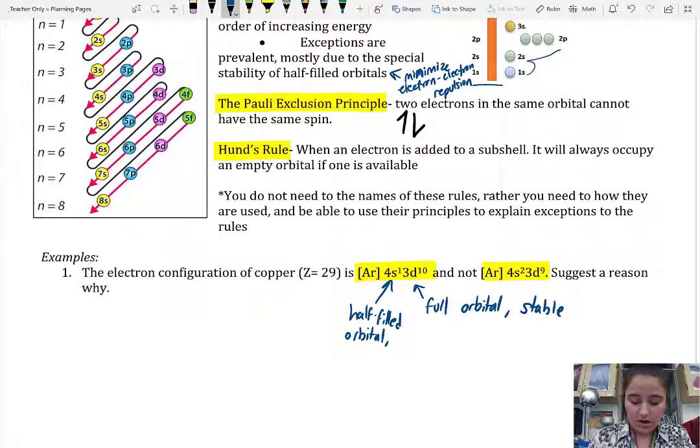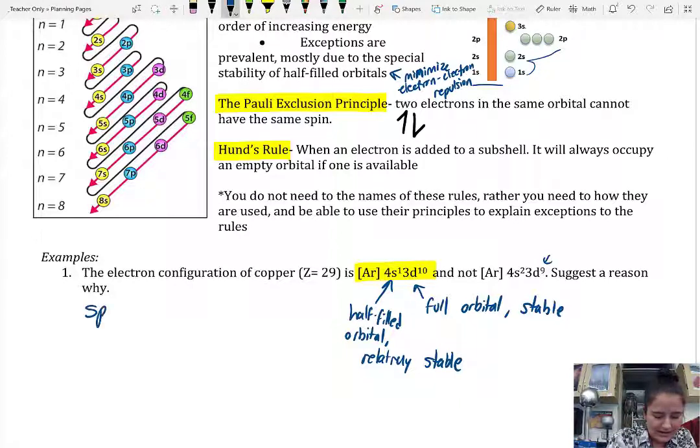Okay, it is also relatively stable. Okay, if you had them in the 4s2 and 3d9, that's like an almost completely filled orbital. Okay, so these two electrons are going to repel each other enough, and then there's going to be one kind of hanging out over there that's not quite as stable. Okay, and it just has to do with those special stability of the electrons.